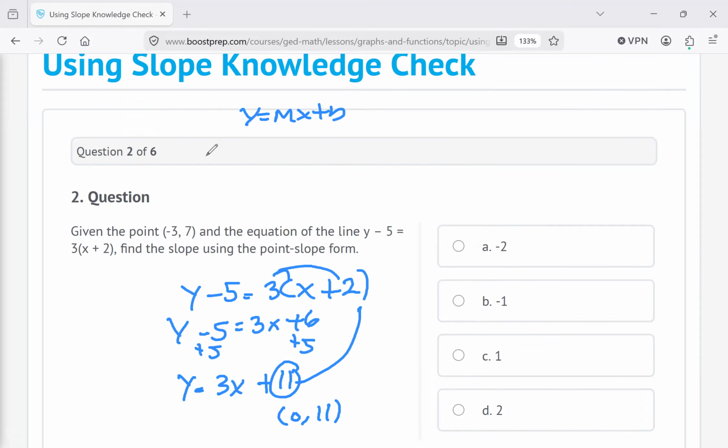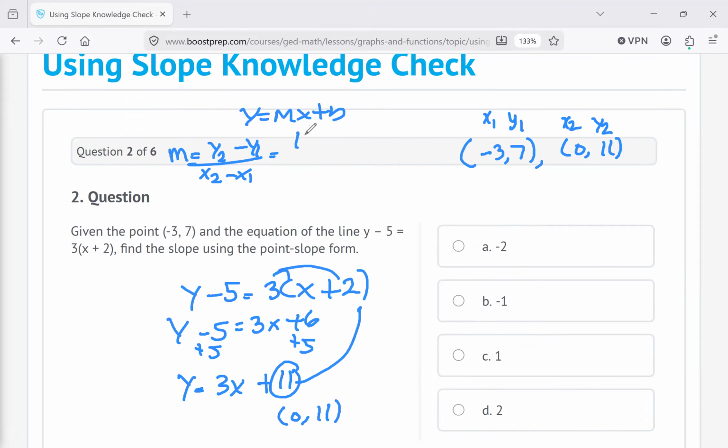Okay. Then I think we could use the slope formula. M equals y2 minus y1 over x2 minus x1. So my 2 points are going to be negative 3 comma 7, and then this point here would be 0 comma 11. Let's see if we get any of these choices. So this is x1, y1, x2, y2.